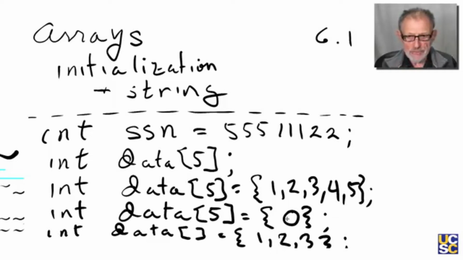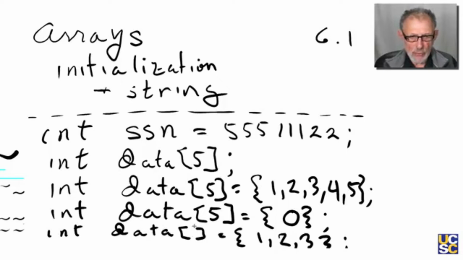And also, we can have an array where we don't specify the size of the array. So we just say int data, unspecified size, initialized by 1, 2, 3. And now the compiler says, there are 3 values.